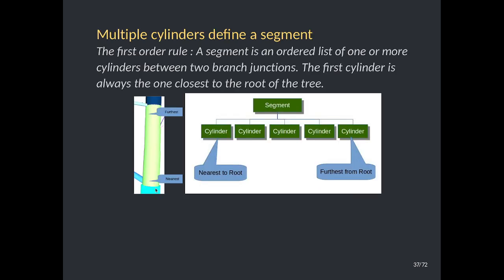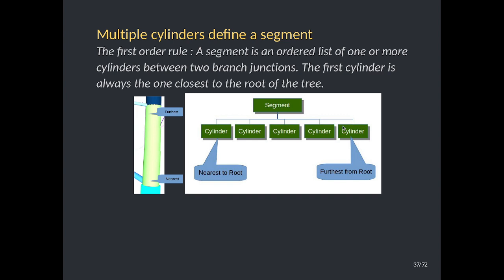So let's look. This is a zoom-up onto a tree model, a QSM, and we can see this is multiple cylinders. Here is a small gap. So we have here in bright green 5 cylinders, and here is a branch junction, and here is a branch junction. These 5 cylinders between the two neighboring branch junctions are stored in a so-called segment.